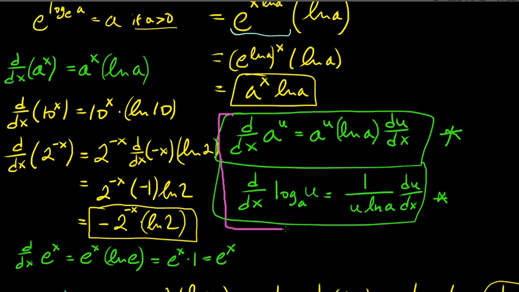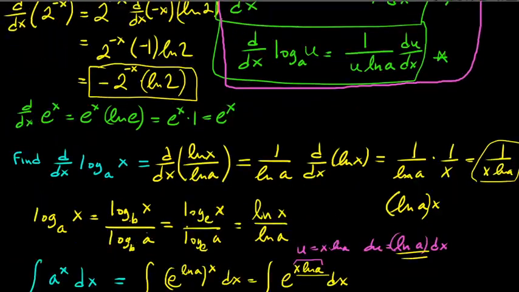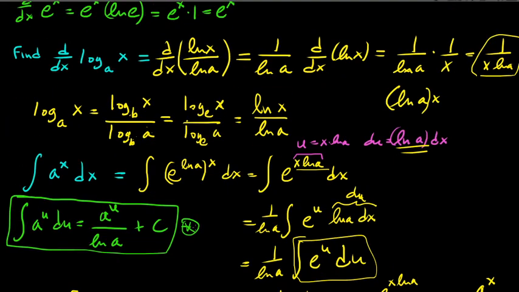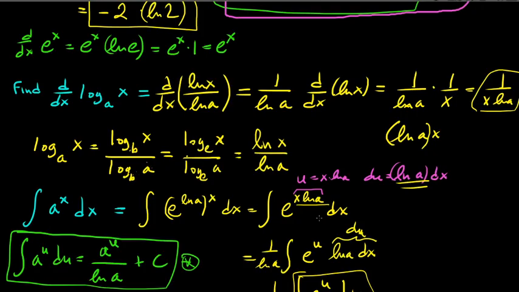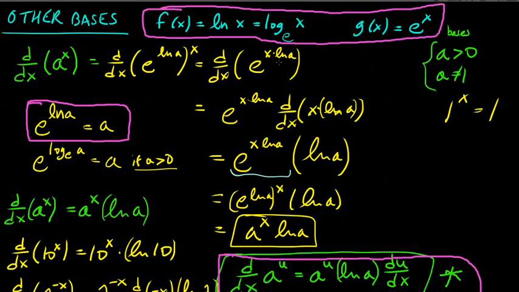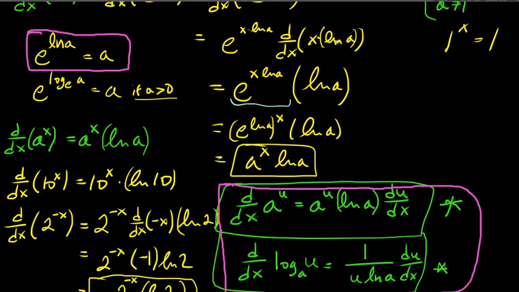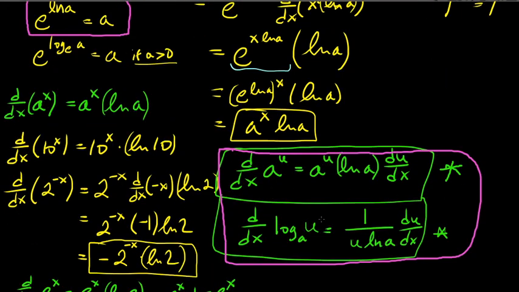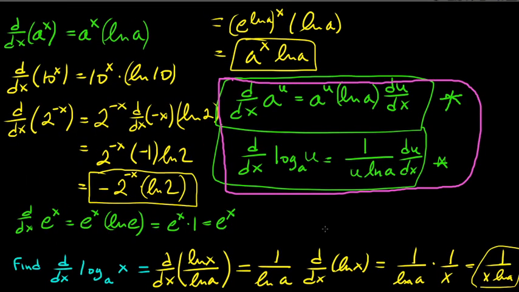So these 2 involving either a to the u or log base a of u, and then the integral of a to the u. Let me scroll down one more time slowly. So we calculated all this, and that gave us these 2 rules for derivatives, the exponential and the log.